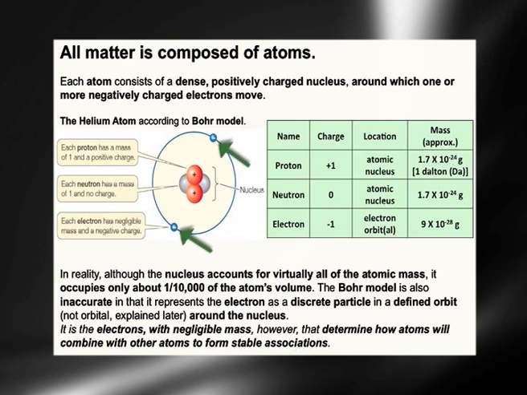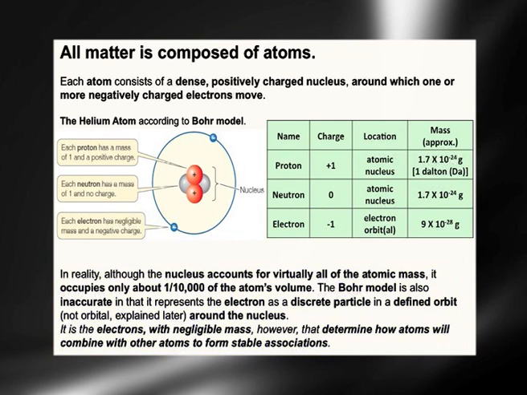Now these electrons are negligible in mass compared to the mass of a proton or neutron. A proton has a mass of 1.7 times 10 to the power minus 24 gram, which is equivalent to 1 Dalton. Same for a neutron. But for an electron, the mass is almost 10,000 times less than that of a proton or neutron.